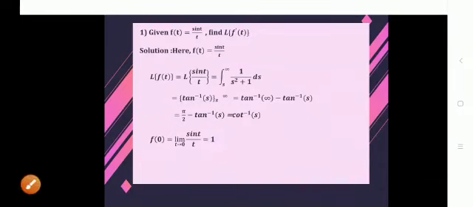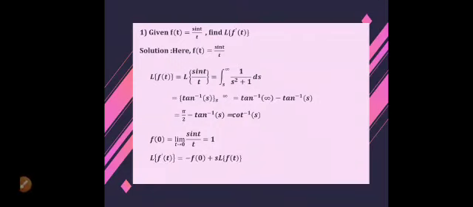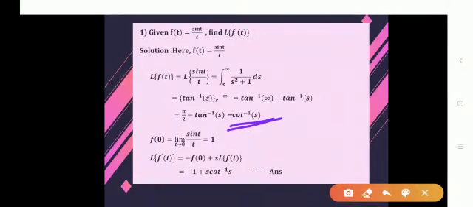Now we have to use the Laplace transform of derivative result. So L of f dash of t equals minus f of 0 plus s into Laplace transform of f of t. So here f of 0 value is 1, just now we have obtained. So it is minus 1 plus s as multiplier, and Laplace transform of f of t is cot inverse of s.